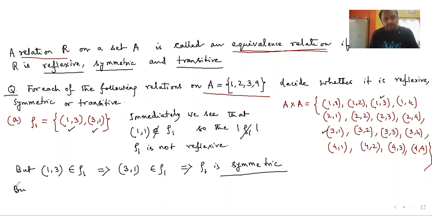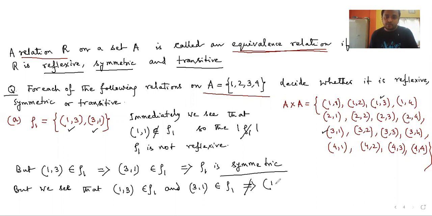But we see that 1, 3 belonging to rho 1 and 3, 1 belonging to rho 1 doesn't imply that 1, 1 belongs to rho 1.